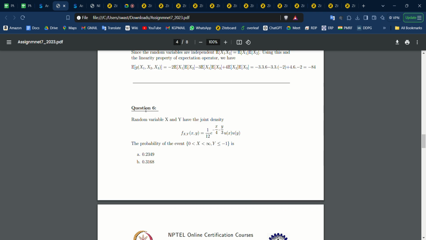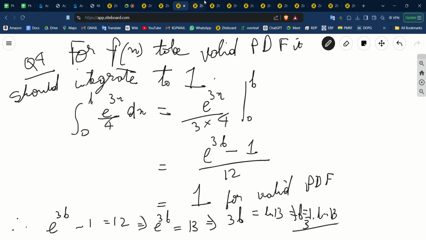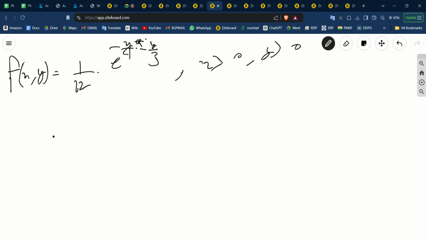The answer is a big fat 0. Why? Because y can never be less than 0. If y is less than 0, then u(y) equals 0, so this whole f(x,y) will become 0. So your whole probability density will become 0.